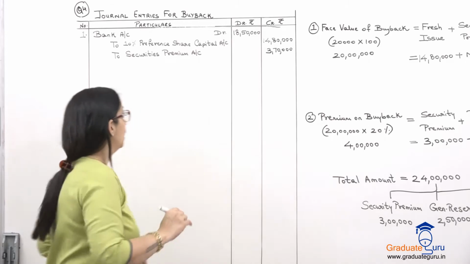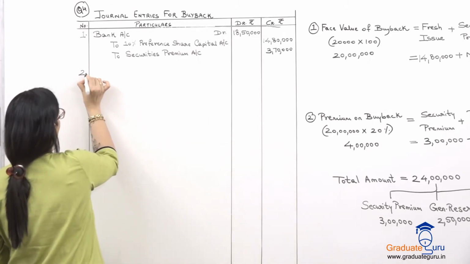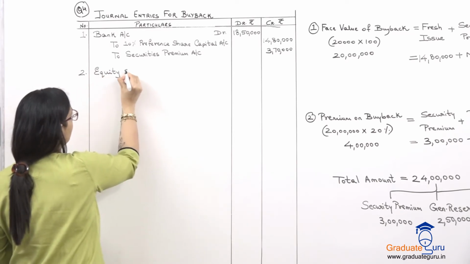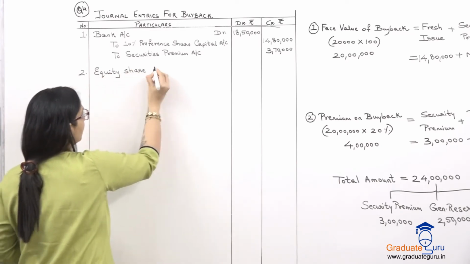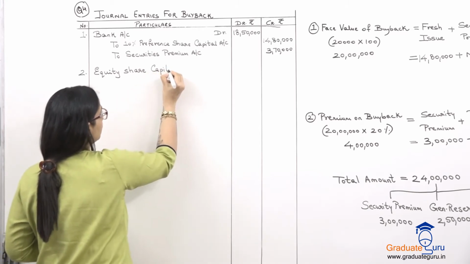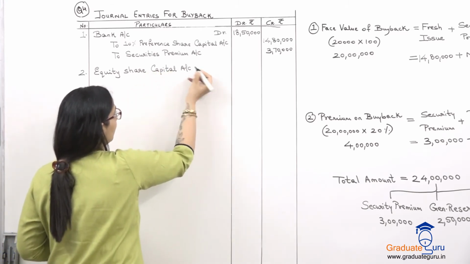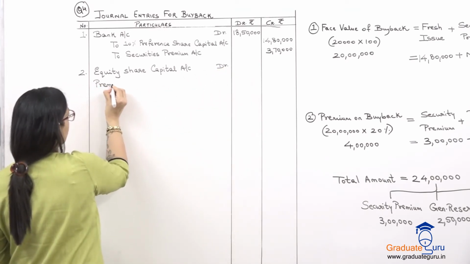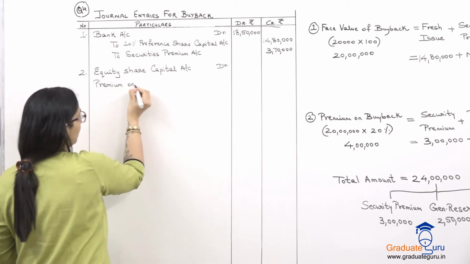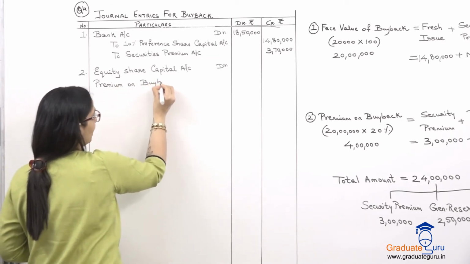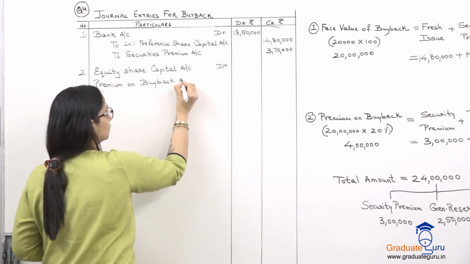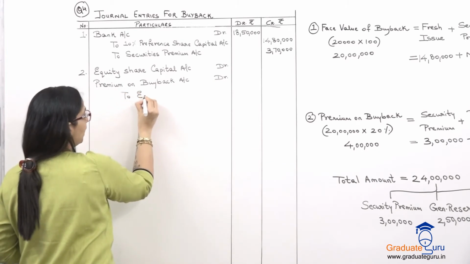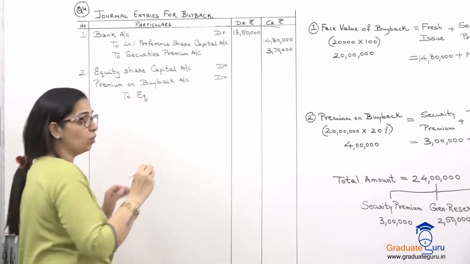Okay. Second entry for recording our buyback. When we record our buyback, we cancel our capital. So capital gets debited. Equity share capital account debit. We also have to pay premium to our shareholders. So premium on buyback account debit. And all this amount we have to pay to the equity shareholders.